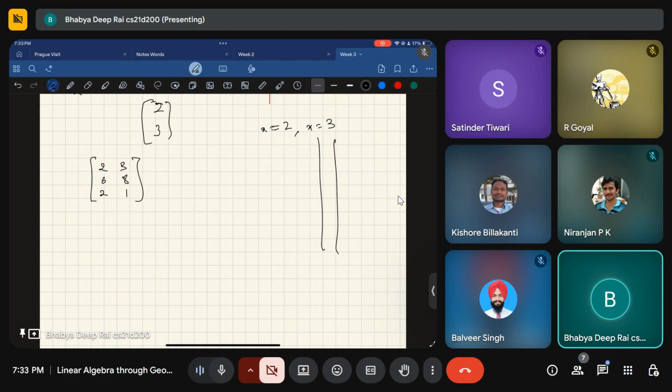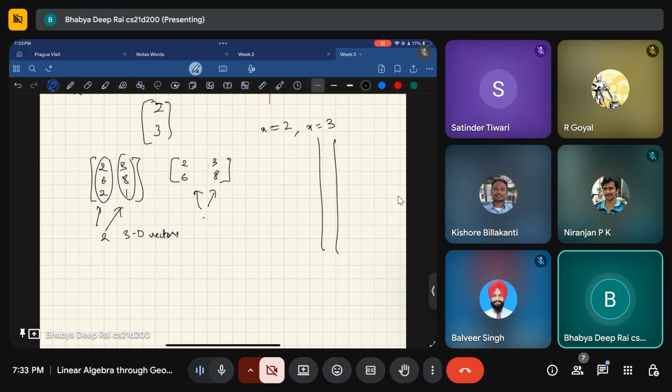This is one vector, this is the other vector. Now, if you reduce the dimension by 1, what do you get? You get 2, 6, 3, 8. Let's say I ignore this part. Then what do you get? You get two one-dimensional vectors. Is that clear?